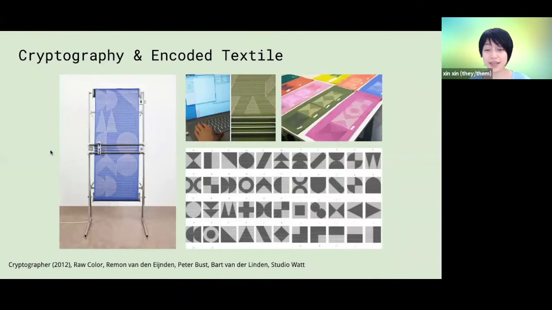Here is another example created by a couple of different groups of people called the Cryptographer, essentially using a very similar idea where different kinds of patterns became an encoding of English alphabets.